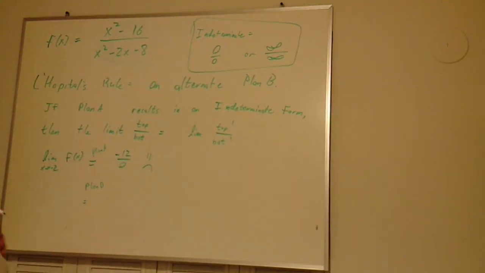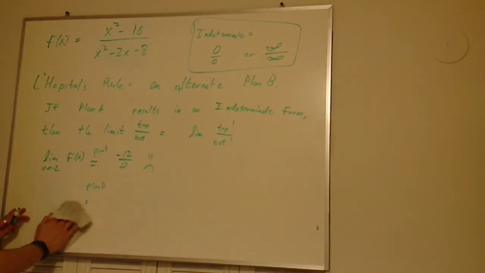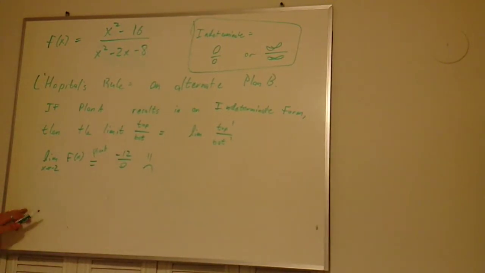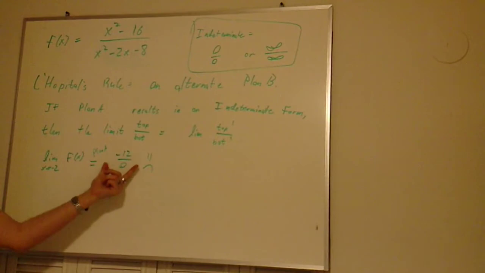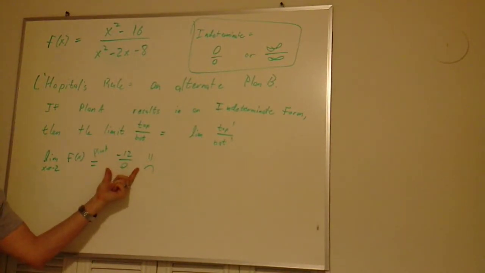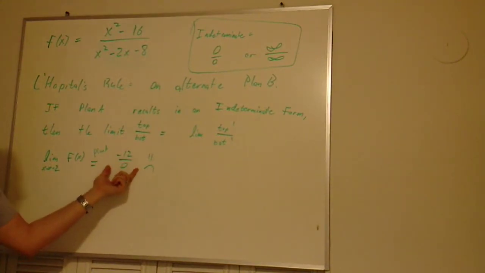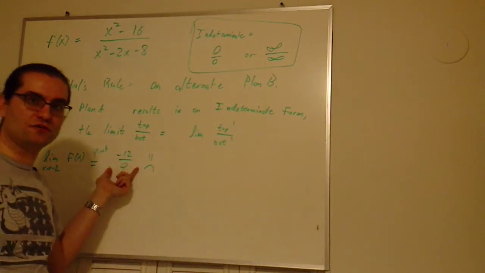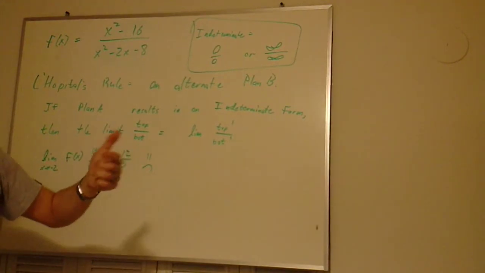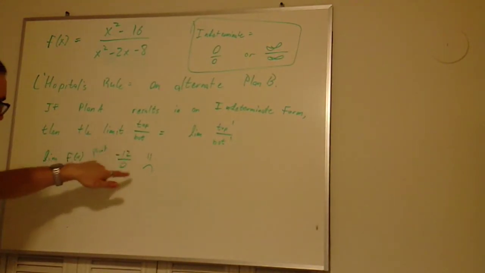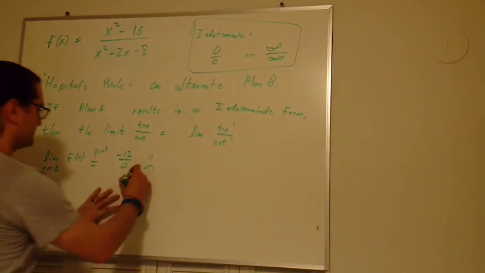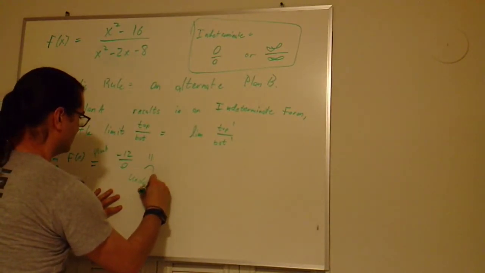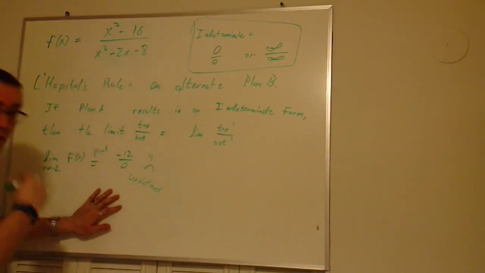Actually, we don't even need to talk about plan B. What I want to talk about is that this is not indeterminate. So we cannot use L'Hopital's to get an alternate plan B here. When you get this thing, this is undefined, which means L'Hopital's doesn't work.